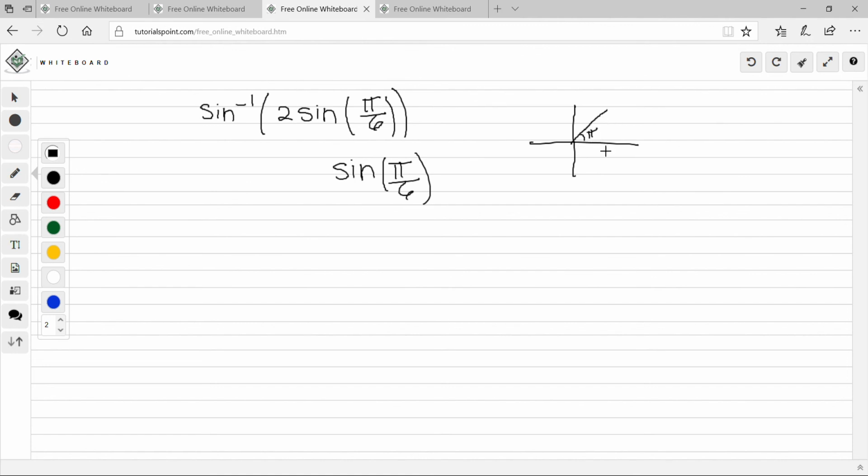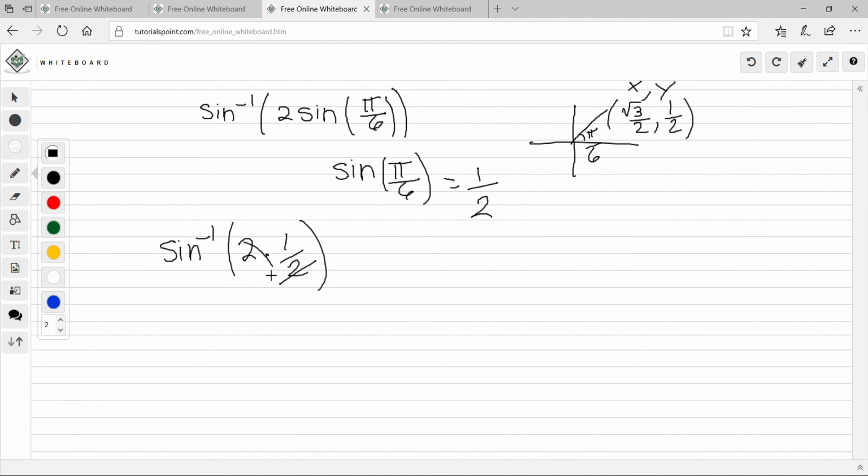Here's pi over 6. It has the coordinates of root 3 over 2, comma, 1/2. So here's your x and here's your y. So the sine is just 1/2. But we're not done, so you've got to take the sine inverse of 2, don't forget the 2, times 1/2.